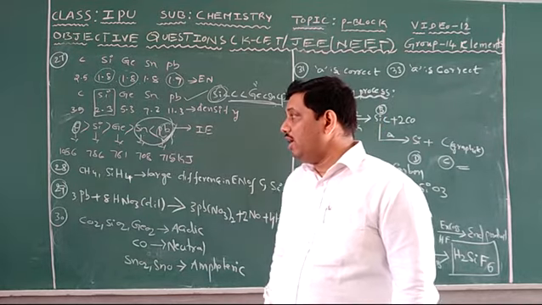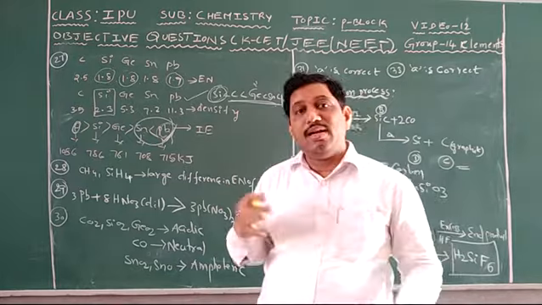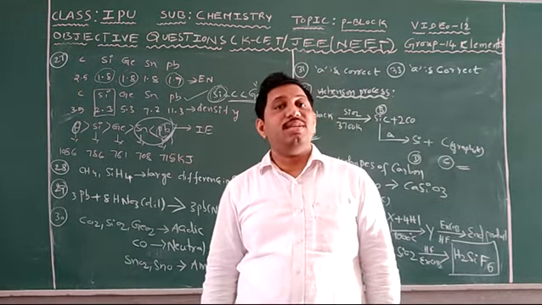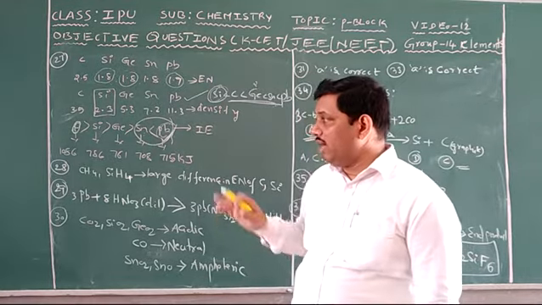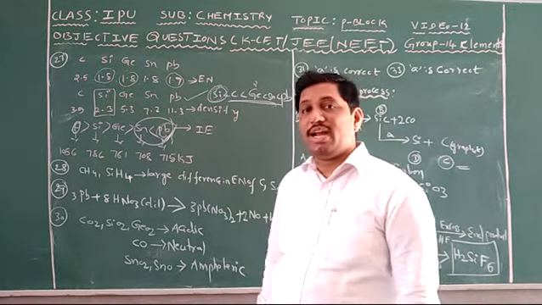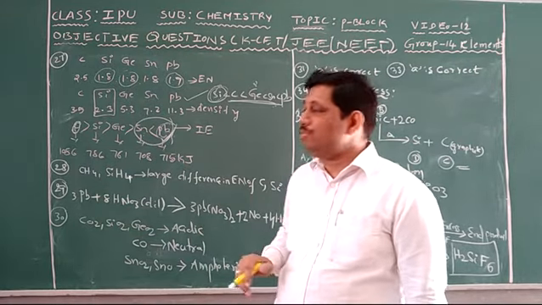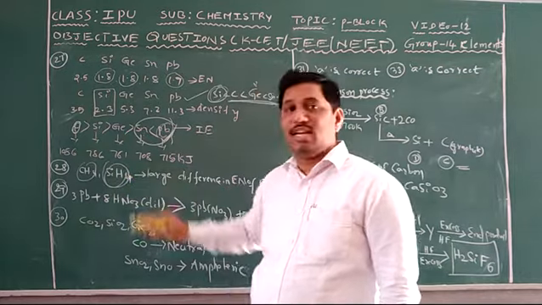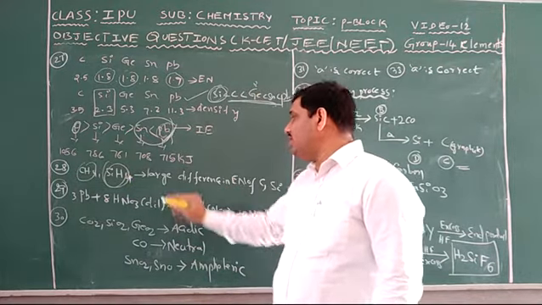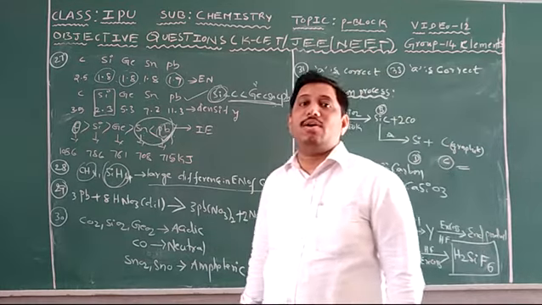Methane and silane differ in properties. These two compounds are hydrides of group 14 elements, even though they belong to the same group. But methane and silane properties are different. The reason is the large difference in the electronegativity of carbon and silicon.